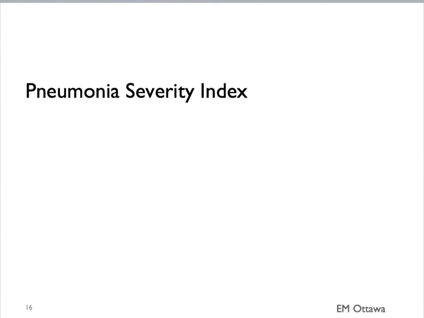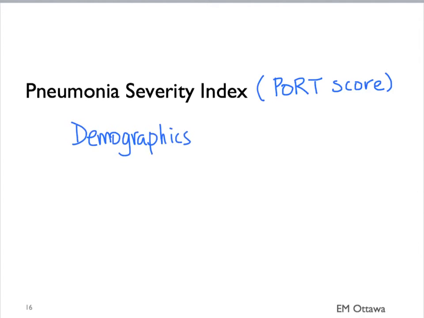Another rule is known as the Pneumonia Severity Index, or the PORT score. Again, this is also a risk stratification tool to decide for mortality and morbidity in the patients with pneumonia. It uses a lot of data points to calculate the overall score, including their age, gender, whether they're from a nursing home, and comorbidities such as cancer, liver disease, congestive heart failure, or history of cerebrovascular disease.